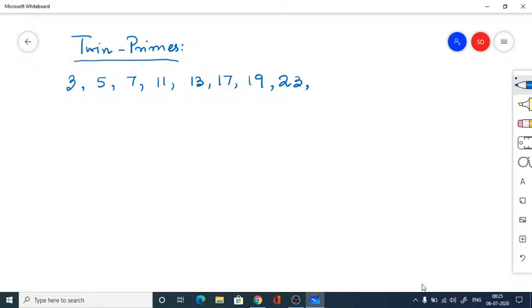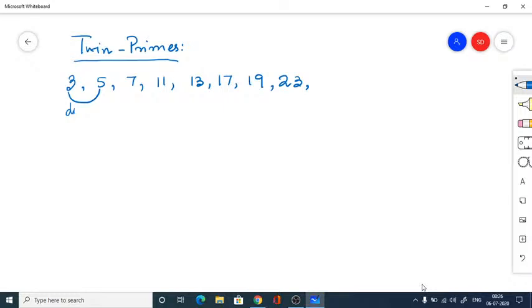Have I missed any? 3, 5, 7, 11, 17, 19, 23. Now let us take 3 and 5. What is the difference?